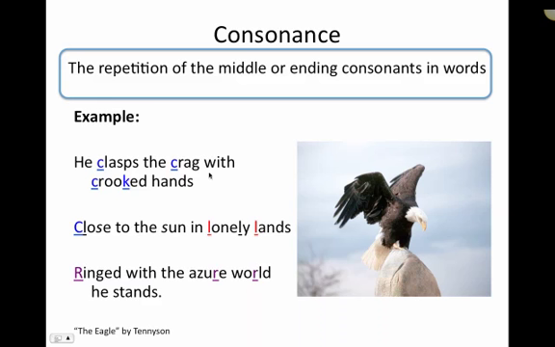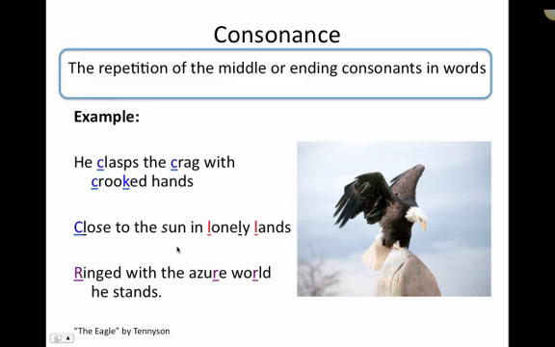Now, consonance is the repetition of the middle or ending consonants in words. So, for example, let's see, the repetition of the middle or ending consonants. I see we have some beginning consonants posted here. So that's back to alliteration.